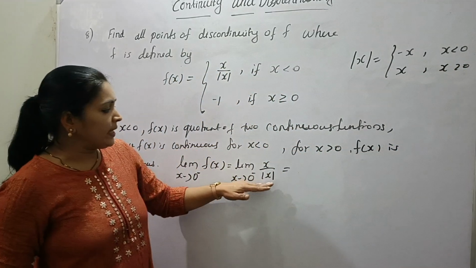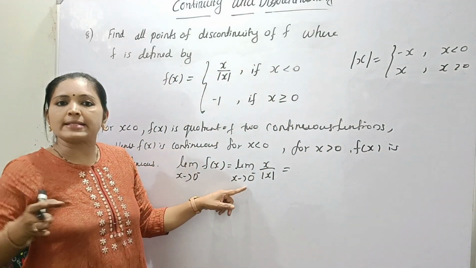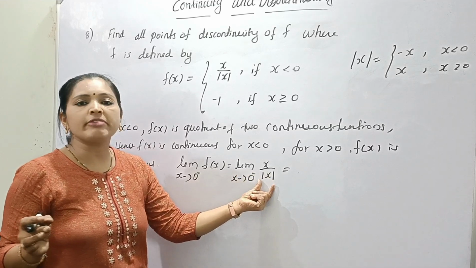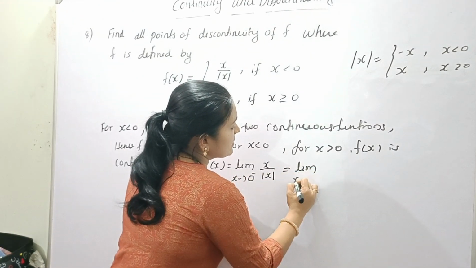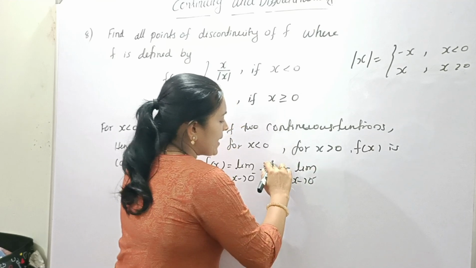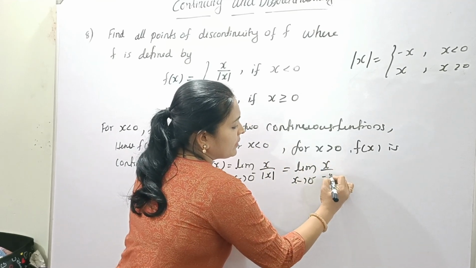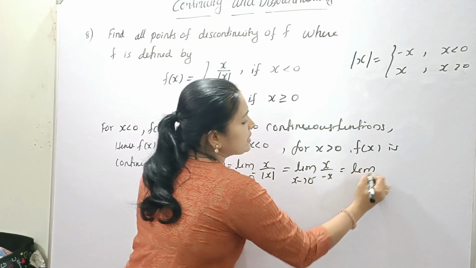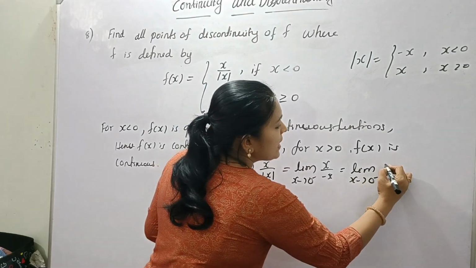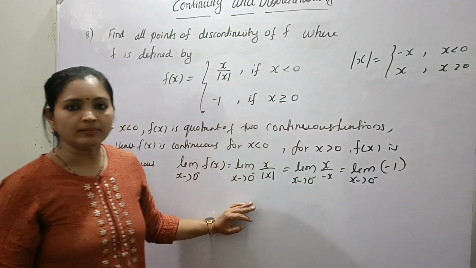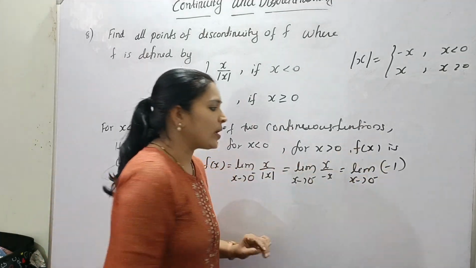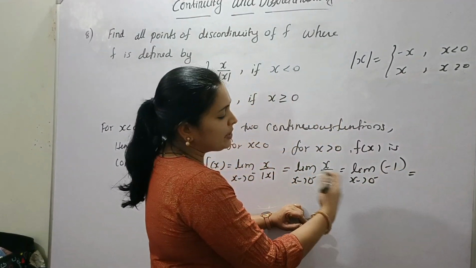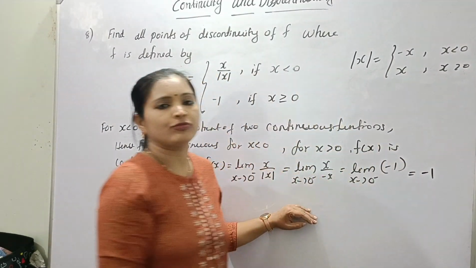So here the x values are less than 0, so modulus x value will be minus x, right? So it will be limit x tends to 0 minus of x divided by minus x, that is equal to limit x tends to 0 minus of minus 1. So here the limit will be minus 1 itself.